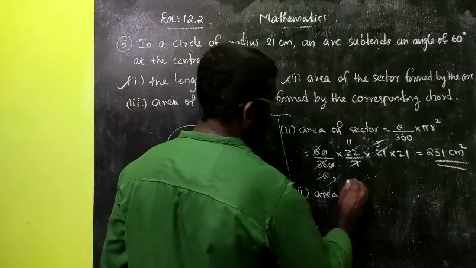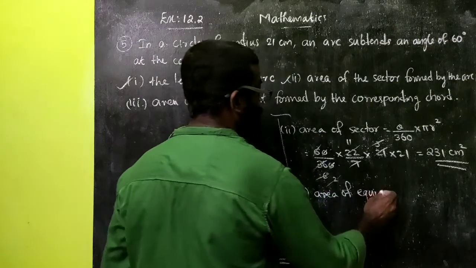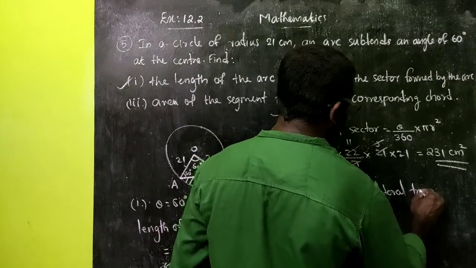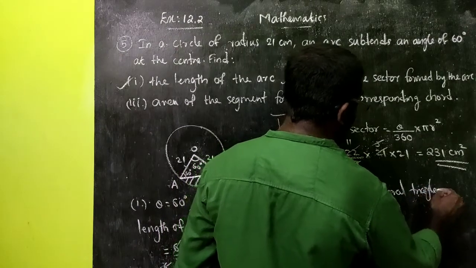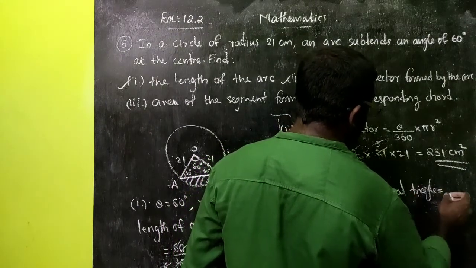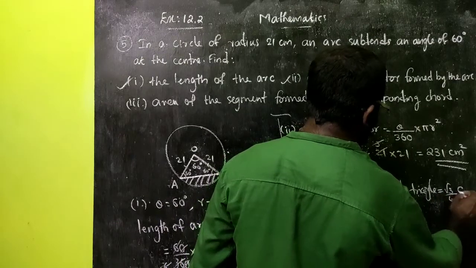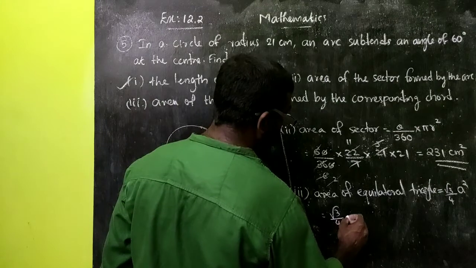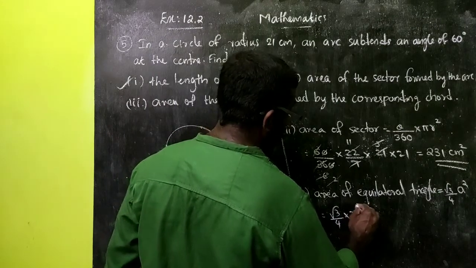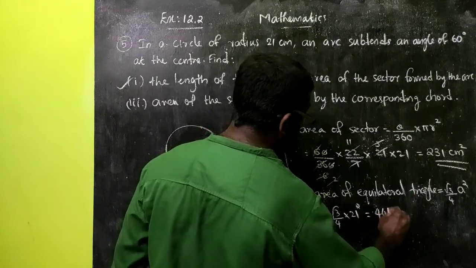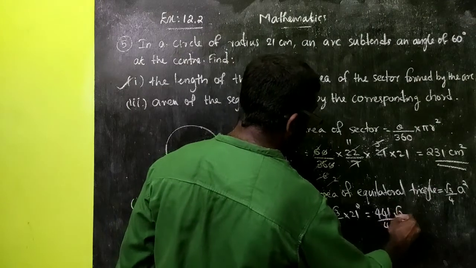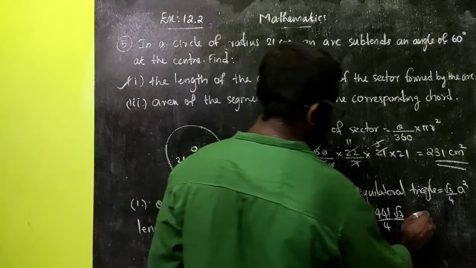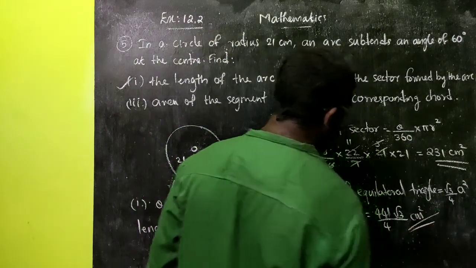Area of equilateral triangle is equal to root 3 by 4 a square, which is equal to root 3 by 4 into 21 square. 21 square is 441, so 441 root 3 divided by 4 centimeter square.